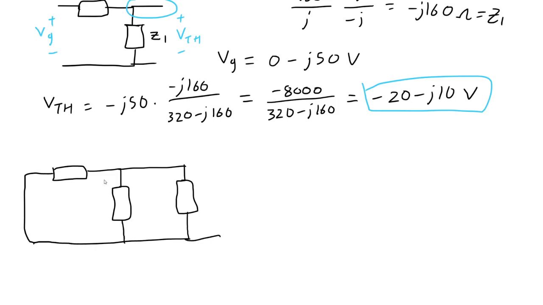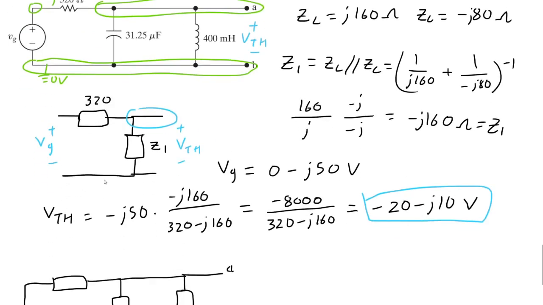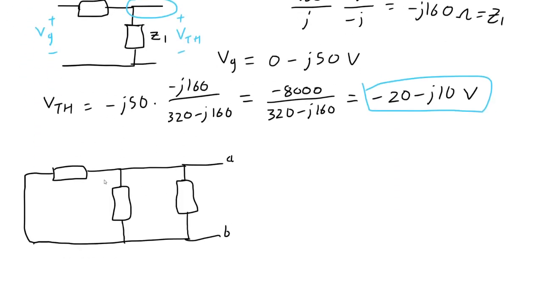It's not just straight DC. So A and B, and we know already this is, I believe this was the capacitor. No, that was the inductor. Okay, so that means that this impedance is going to be J160. This is going to be minus 80J, and this is 320 ohms.